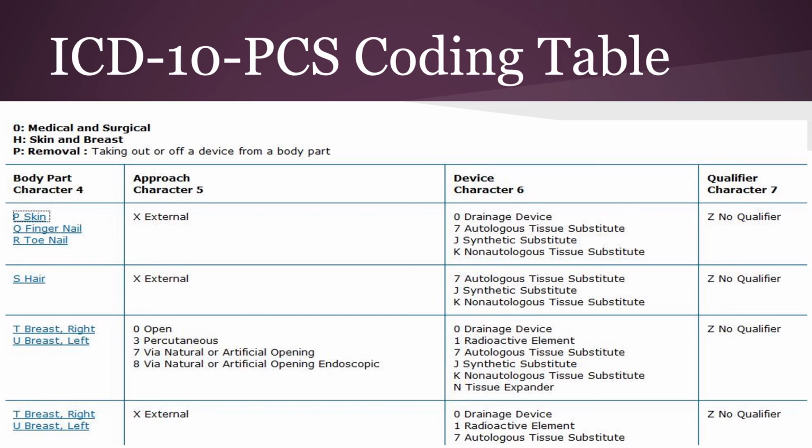If you look over at character 4, for our body part, you see they have some different anatomical sites or body parts to select from. Depending on the body part in which you're working or trying to assign a code, you would select that particular letter or number, in this case, the letter for that body part.